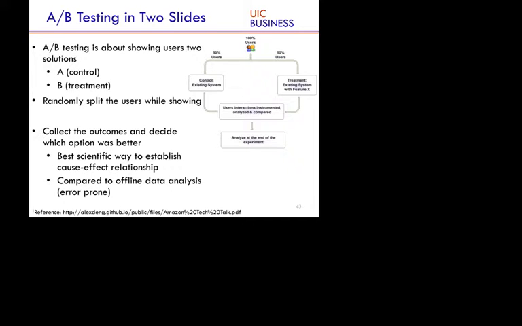Typically, this is going to be hypothesis testing, and this is a good way to decide which option is better because of two things. Firstly, this random splitting of users is a good way to establish a cause-effect relationship.